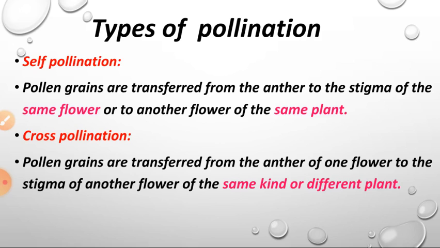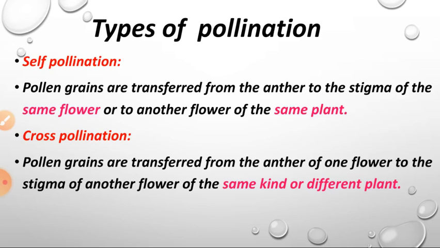And cross-pollination: pollen grains are transferred from the anther of one flower to the stigma of another flower of the same kind but a different plant. Self-pollination means the pollen grains reach the stigma of the same flower or a different flower on the same plant.